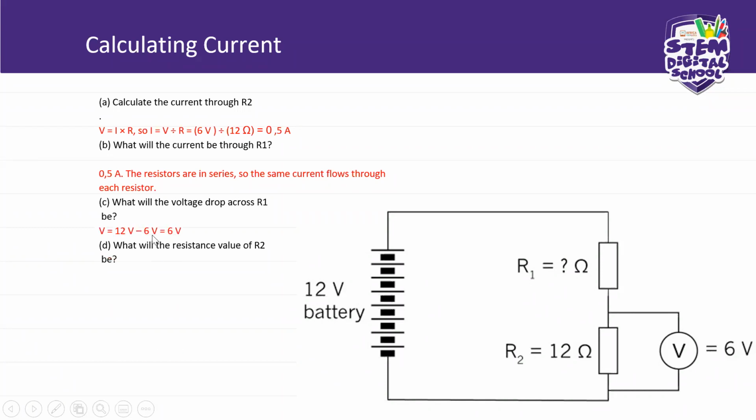It will be 6 volts, 12 volts minus 6 volts. So remember, a resistor will be resisting the flow. What will the resistance value of resistor 2 be? It will be 12 ohms.